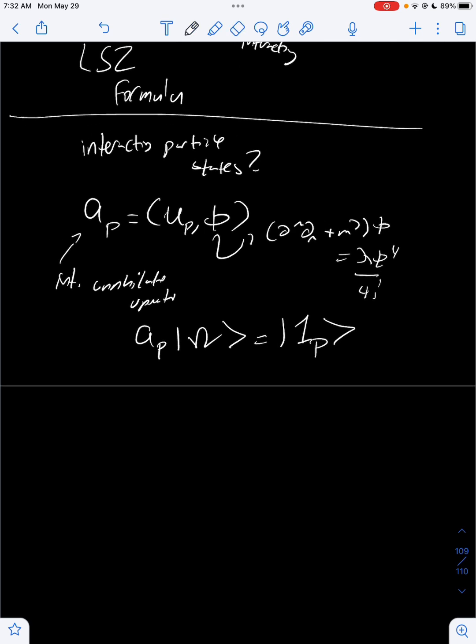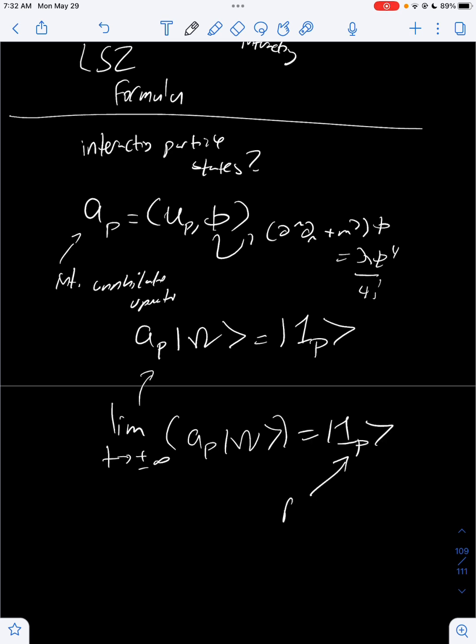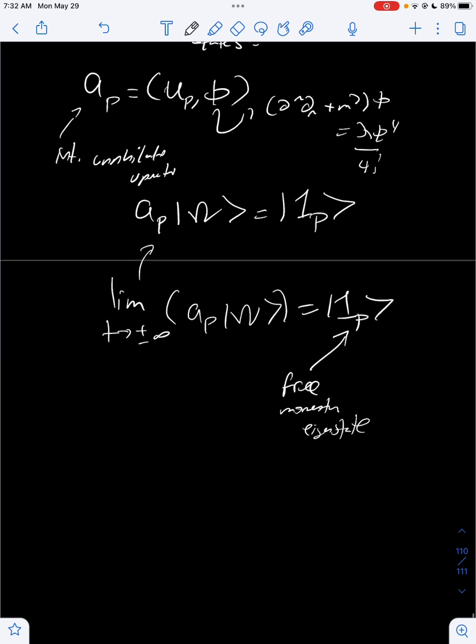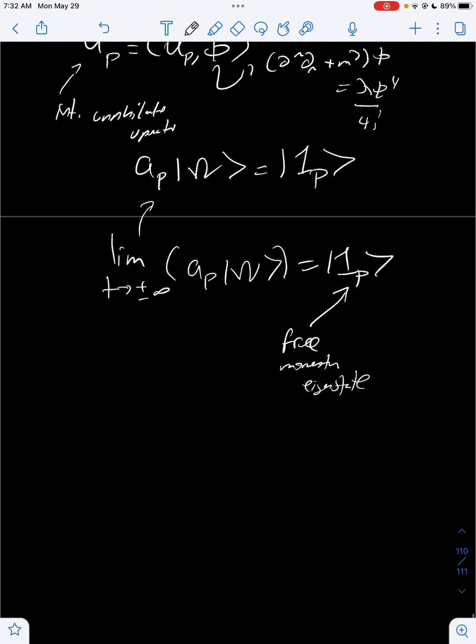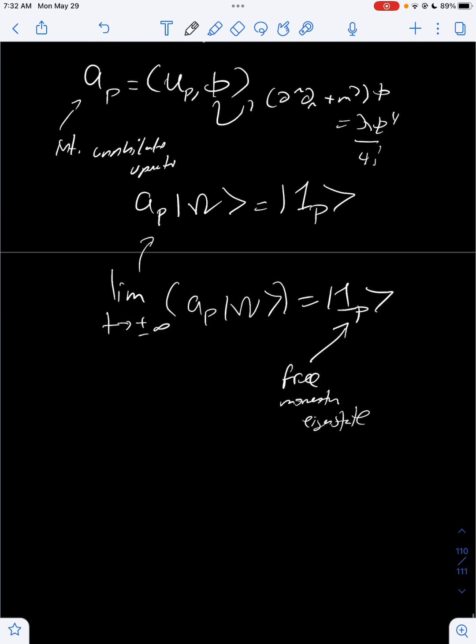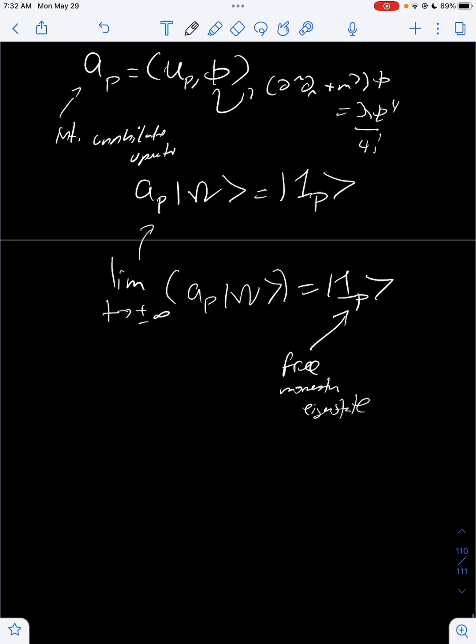So we just assume that it's going to do that at asymptotic times, whereas this will be a free momentum eigenstate. Based on this, we have built creation and annihilation operators in asymptotic times, so we can consider scattering of particles in asymptotic times.